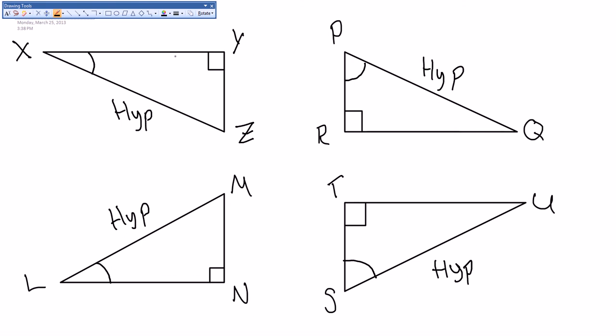So now let's find out the adjacent. The adjacent, remember, you can find by looking at what lines make up the angle, and then it's simply the leg that makes up the angle. So here is your adjacent. Similarly, here is your adjacent. Here is your adjacent.